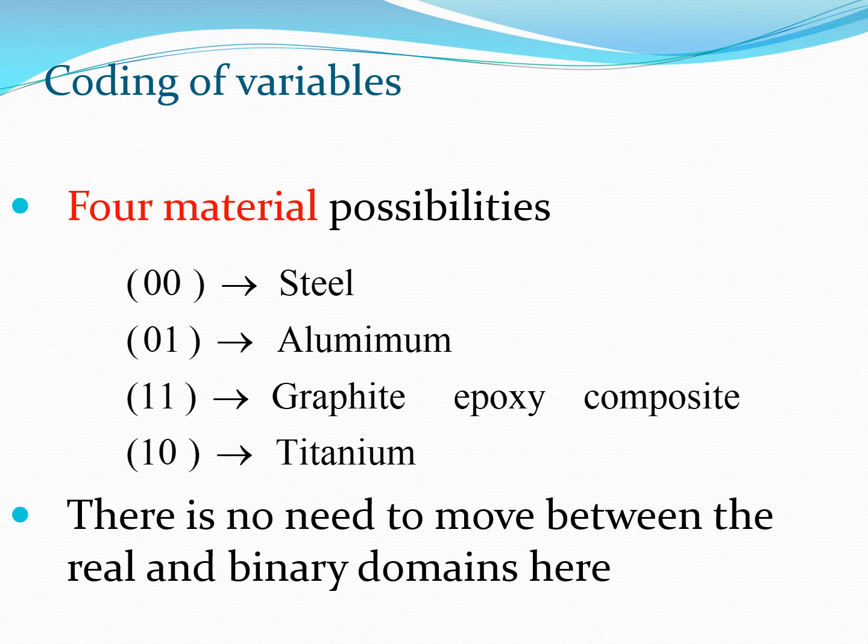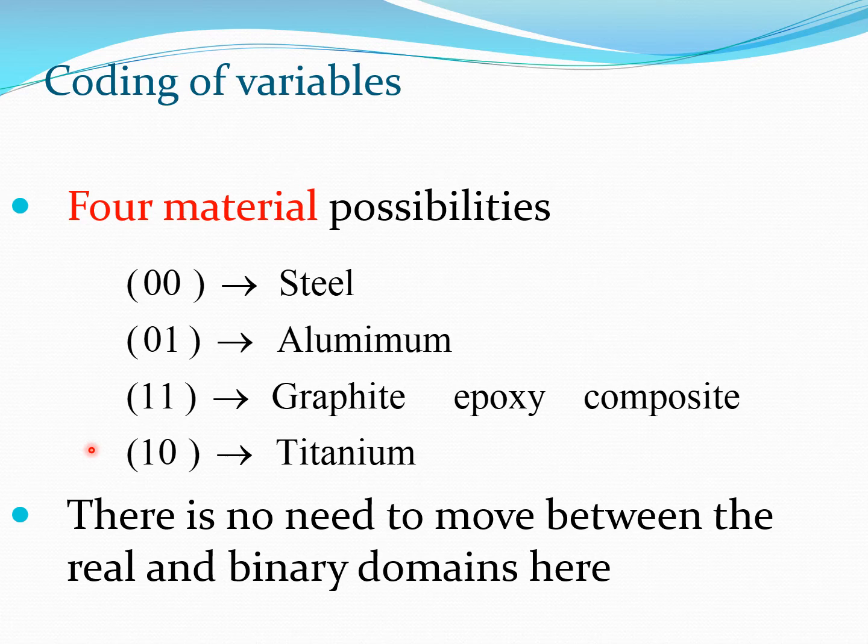For example, if we have a material selection problem and we have 4 material possibilities, we could say that the string 0 0 corresponds to steel, 0 1 corresponds to Al, 1 1 corresponds to graphite composite, and 1 0 to titanium.